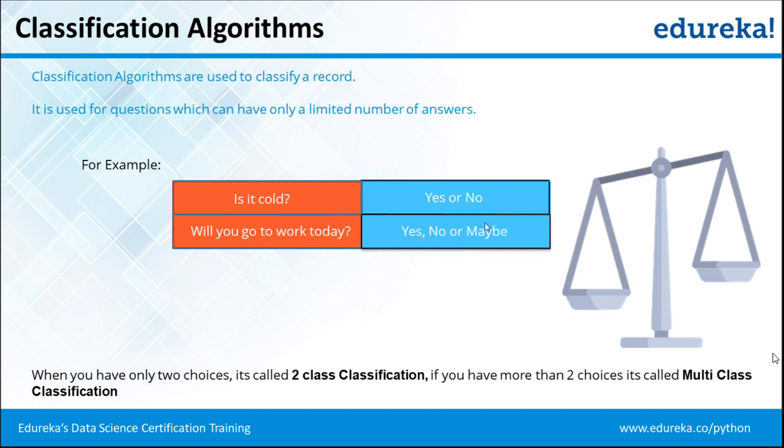Yes, no, or maybe. So three output values can be there. Whenever we have limited output values that can be taken, we call it a classification problem. Where we have two choices, we call it two-class or binary classification. And whenever we have more than two choices in the output classes, we call it multi-class classification.